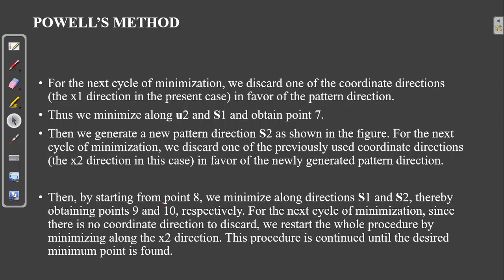Then starting from point 8 we minimize along direction sp1, actually s1 is sp1, and sp2, thereby obtaining points 9 and 10 respectively. Then for the next cycle of minimization, since there is no coordinate direction to discard, x1 having been discarded and x2 discarded recently, we start the whole procedure by minimizing along the x2 direction.